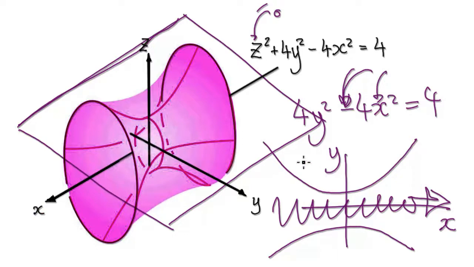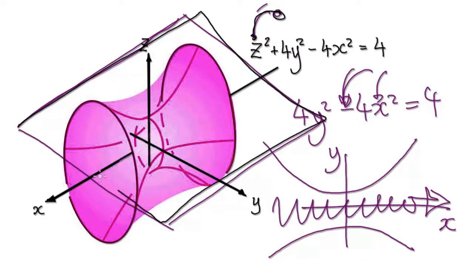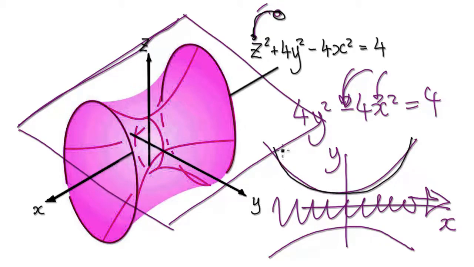That's why when you put 0 into this z, you've got to imagine a horizontal sheet of paper at a height of 0, and then you're going to get this hyperbola here. So that's why it looks like this. So this thing here is represented by this thing here.